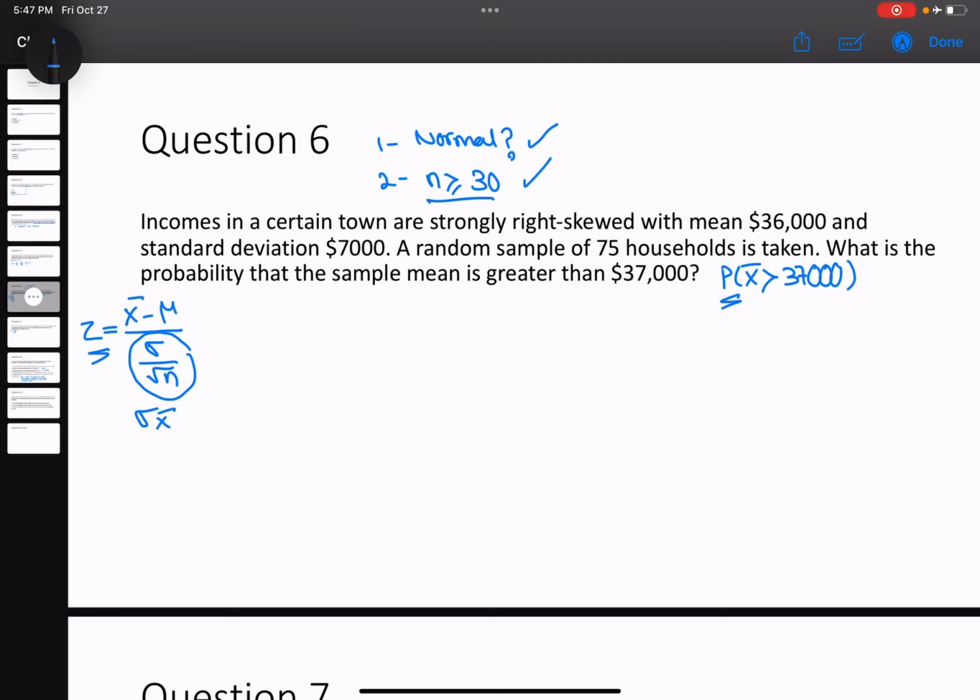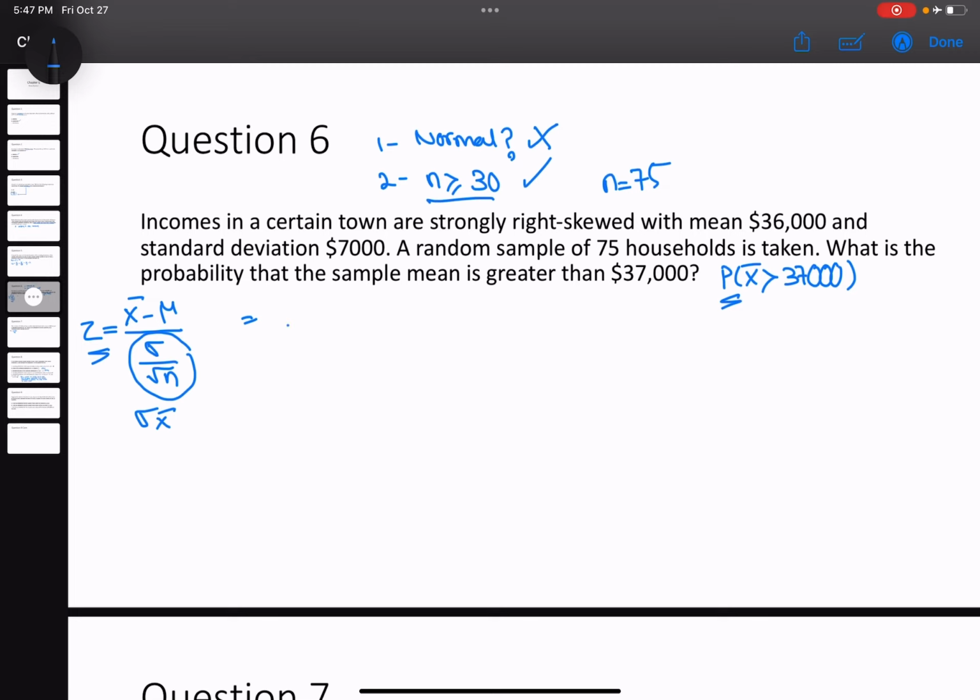It says right skewed, so it's not normal, but we have n as 75. So we have the condition to use the formula to get the z.